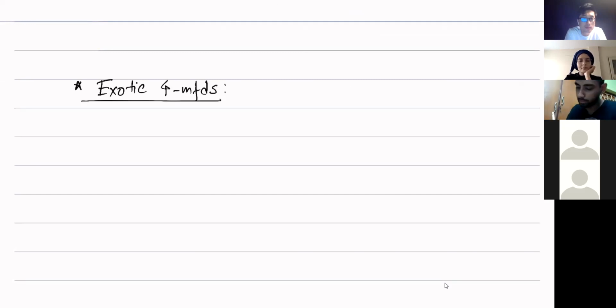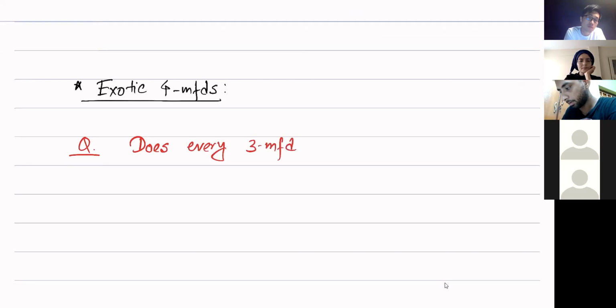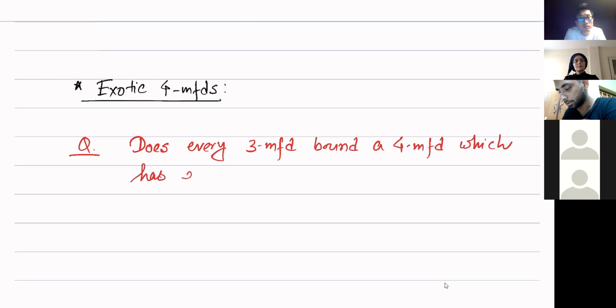So here is an interesting question I would like to propose: does every 3 manifold bound a 4 manifold which has exotic structures?